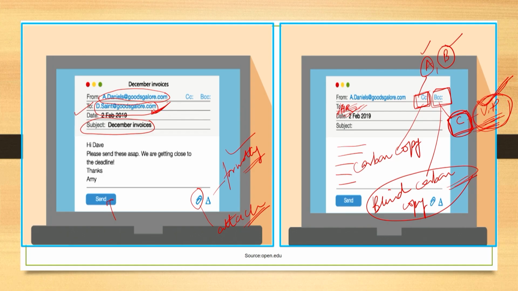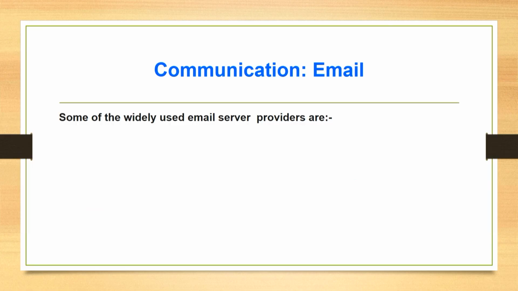So whenever you are facing some sort of problems dealing with persons who deny that they have received your messages, in that case you can use the BCC to report to your boss for clarity. So this is about how to write an email and what are the uses of CC and BCC.